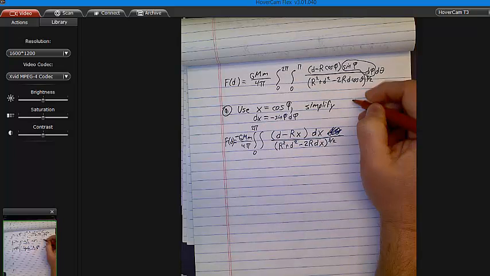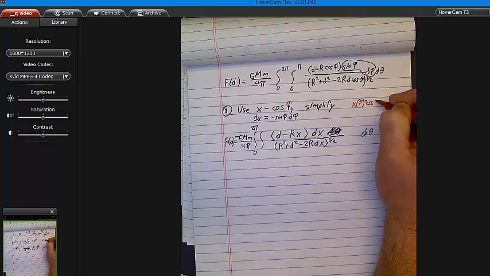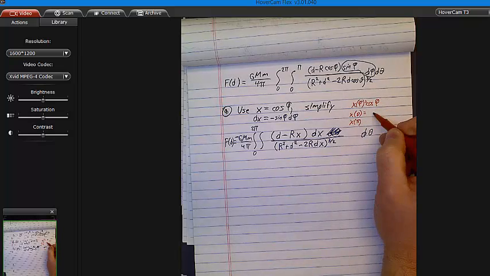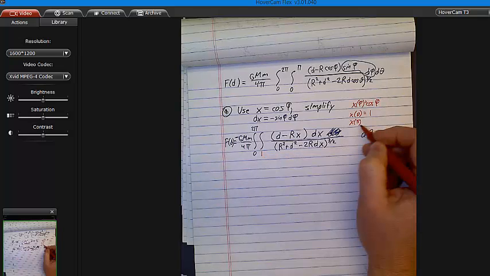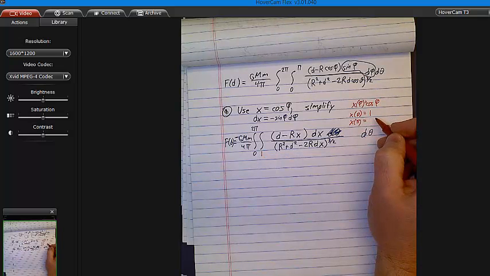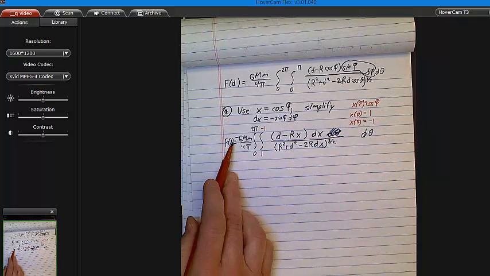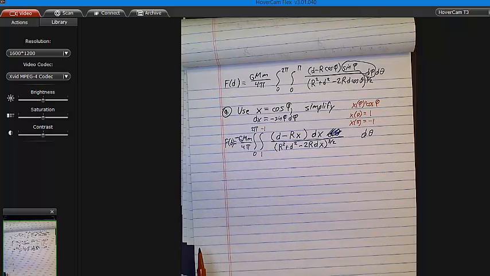But now, since x of phi is the cosine of phi, you can compute things like x of 0 and x of pi, right? X of 0 is the cosine of 0, which is 1, and so this 0 becomes a 1. And x of pi is negative 1. Oh, see, that's what I could have done with that negative sign. I could have swapped the order of the integral.